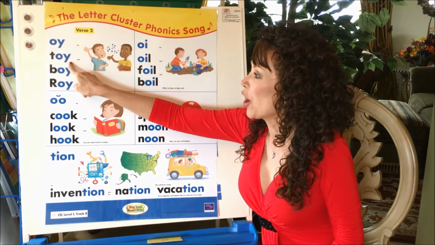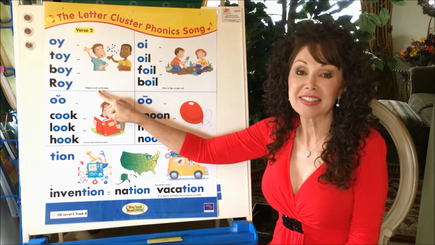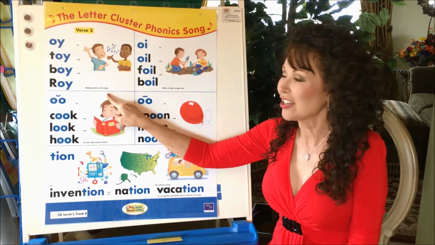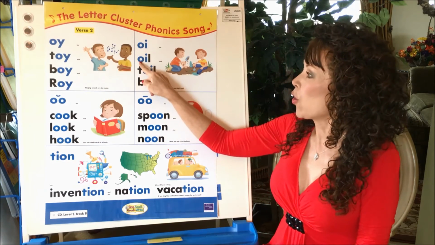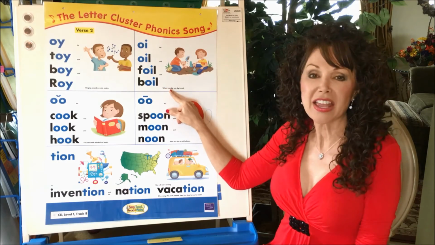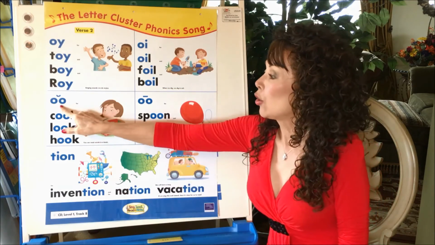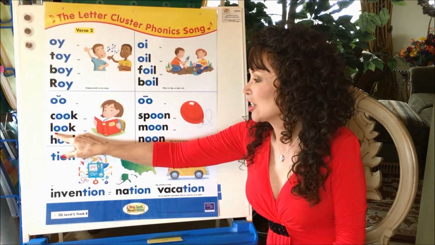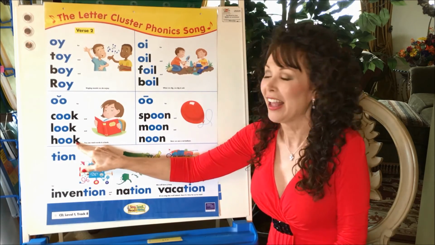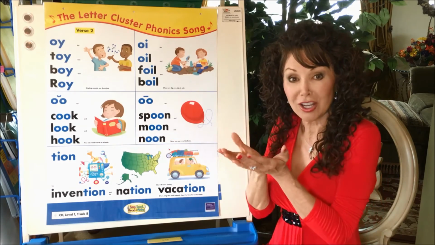Oi for toy and boy and Roy, singing sounds we do enjoy. Oi for oil and foil and boil, when we dig in soil. Oo for cook and look and hook, you can read words in a book.